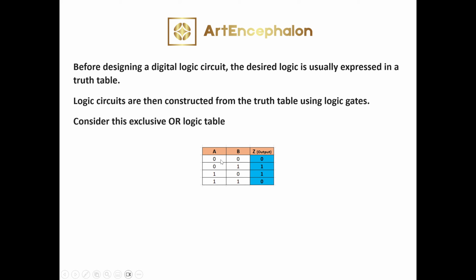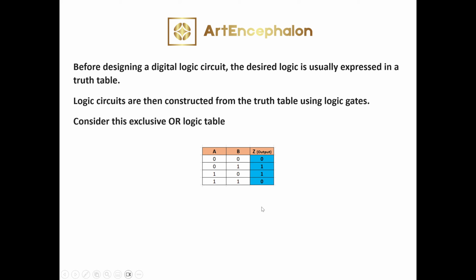The second line says if A is 0 and B is 1, the postsynaptic neuron Z should fire. Here it says if A fires and B doesn't fire, then the postsynaptic neuron should fire. However, the last one is saying if both neurons fire, then the postsynaptic neuron should not fire.